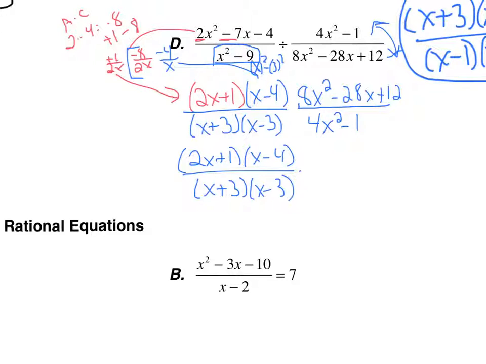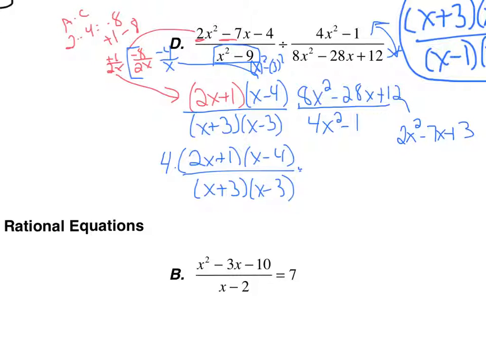In the numerator, we have 8, 28, and 12, which we can all divide by 4. So since this is multiplication, I'm going to put the 4 in front, 4 times, and then we get 2x squared minus 7x plus 3.